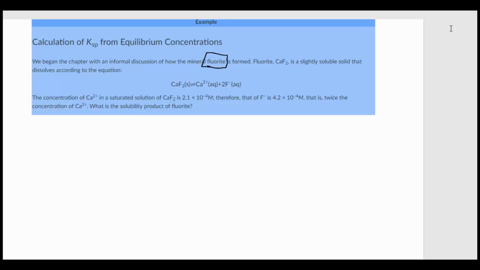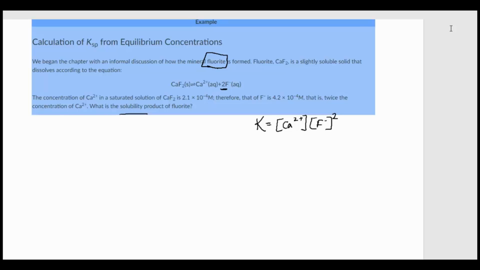It's only slightly soluble, and we are going to calculate the solubility product for fluorite. So the solubility product is the K value. K is going to be equal to the concentration of calcium times the concentration of the fluoride squared. And that's because of this stoichiometric coefficient. So here we're told what our concentrations are.